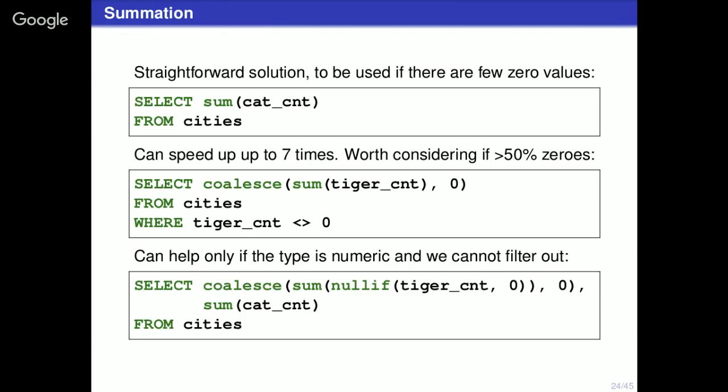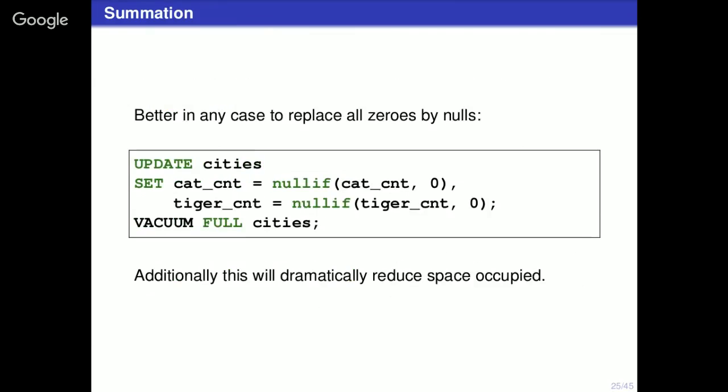Even in case of numeric, even using the nullif function, if you cannot filter for some reason, could benefit. But the best is just to convert all zeros to nulls in the table. It breaks null semantics, but it increases speed and decreases the consumed space on disk dramatically.